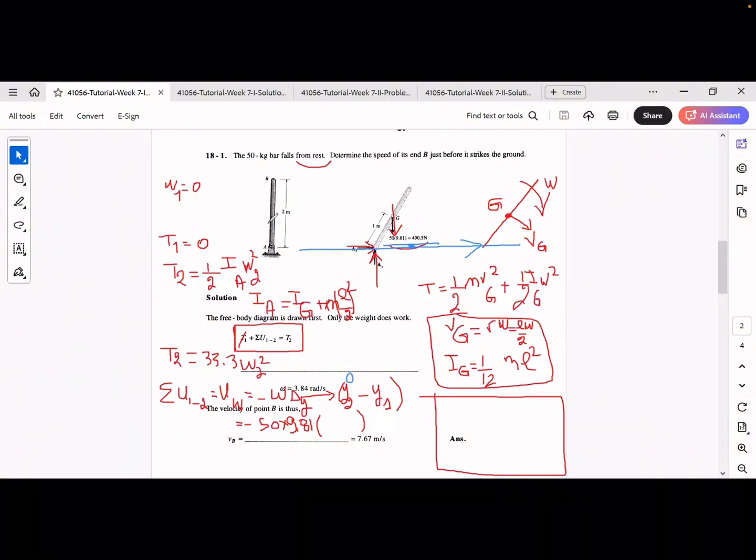And Y1 is the initial location of G with respect to my datum, which is 1 meter. So 0 minus 1, which gives minus 1, and the work done is 490.5 newton meters.